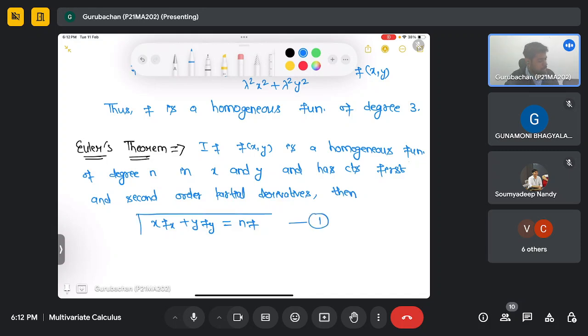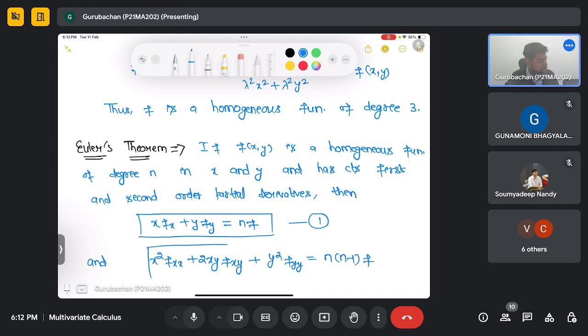This is our first result, and the second one is x square f_xx plus 2xy f_xy plus y square f_yy is equal to n times (n minus 1) times f. I hope this is clear.